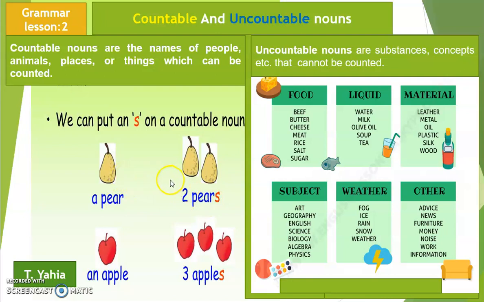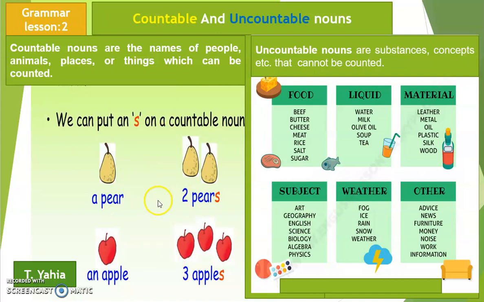So the beer is the type of the fruit, and then we have here an apple, and here three apples. So these are countable. We have here one apple and three apples. So all these we can count, right?